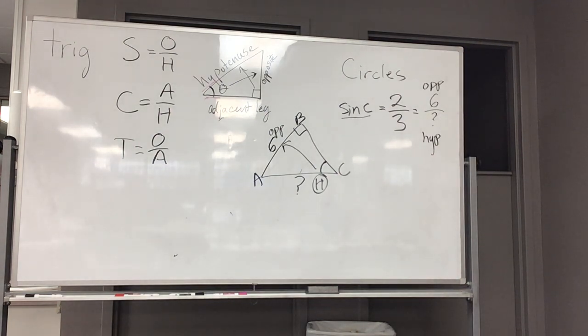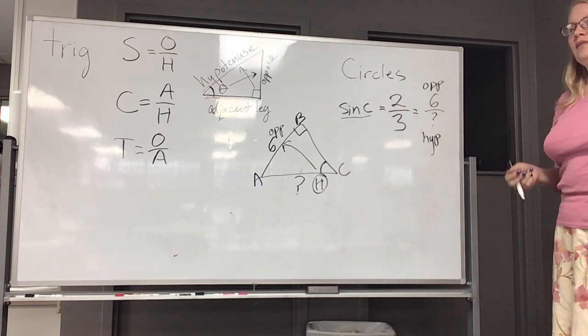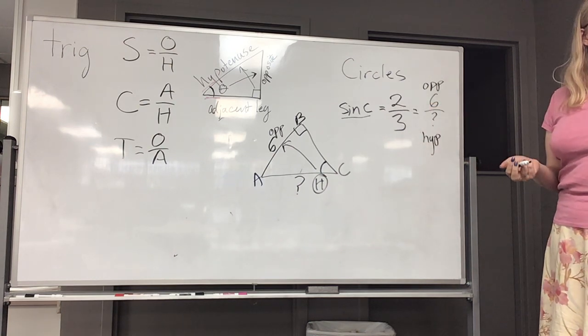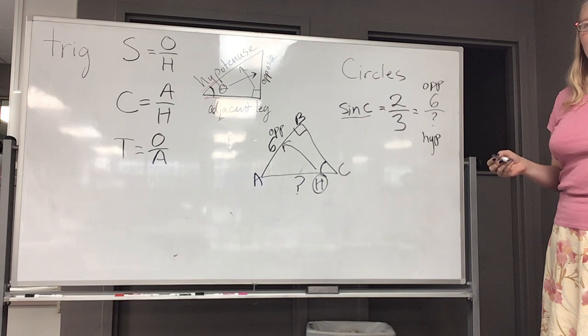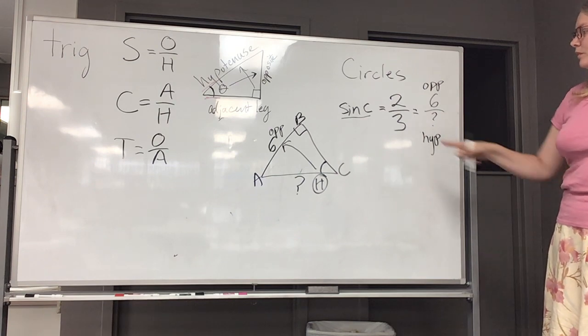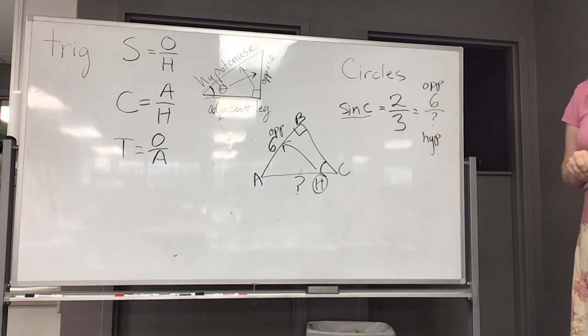You could see this as a proportion problem, a cross multiply problem, a change the base of a fraction problem. In order to get from 2 to 6, what are we multiplying by? 2 times something equals 6. Dig deep.